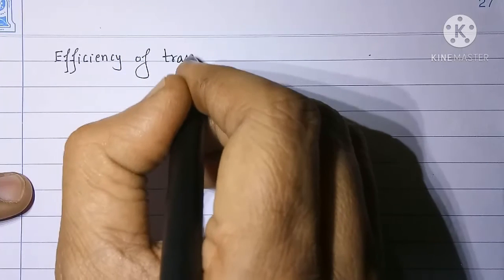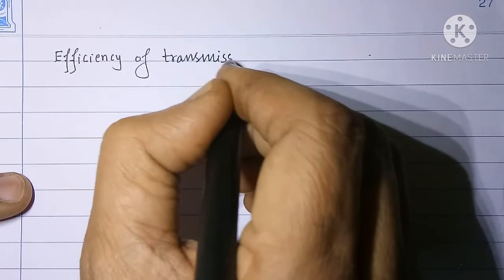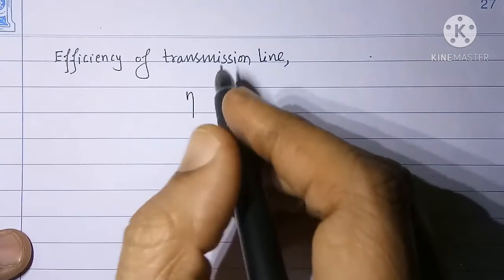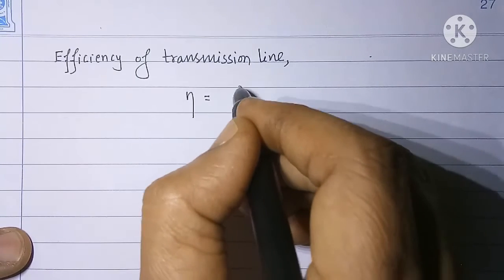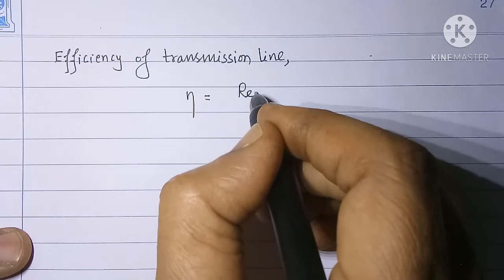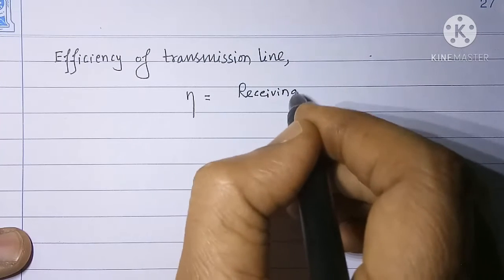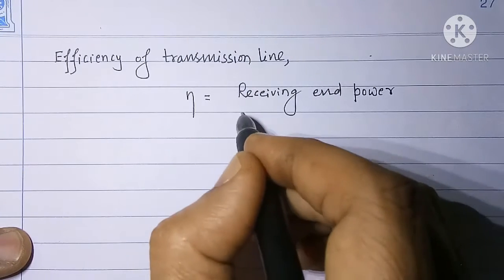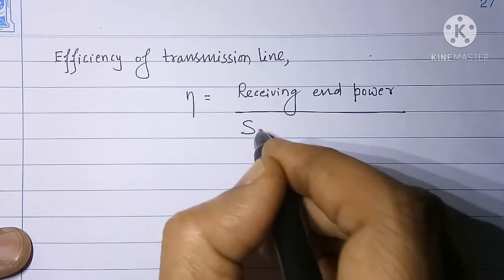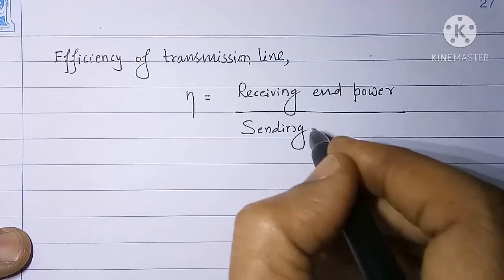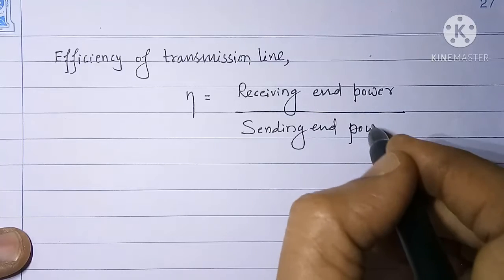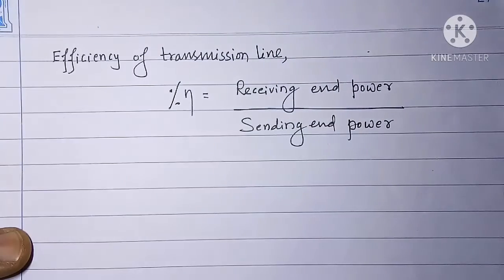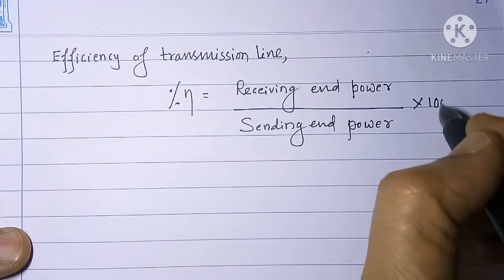Efficiency of transmission line eta is equal to receiving end power to sending end power. If we need efficiency in percentage, then we have to multiply this ratio by 100.